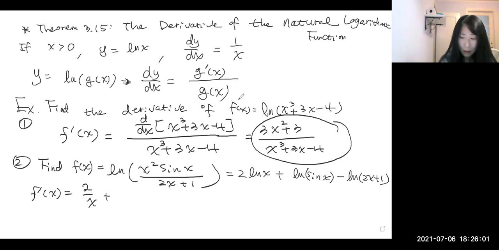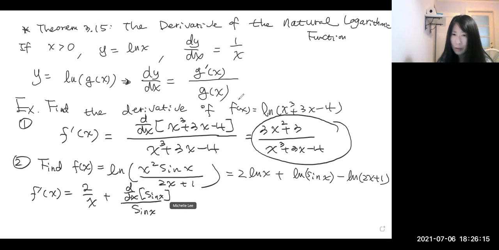Okay, hold on one second. We need to bring down the sine x first, right? Make sense? Then we're going to take the derivative using the chain rule, right? On the numerator. Is it clear?